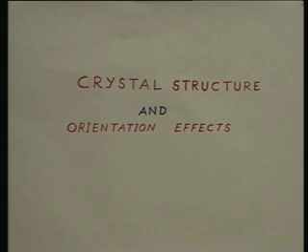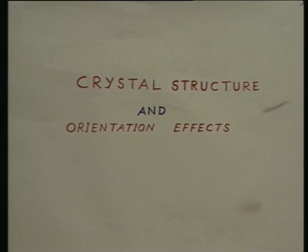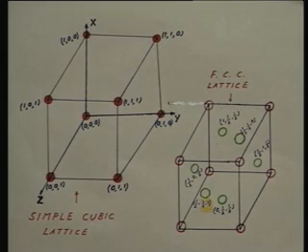Now, the simplest crystal structure that you can think of is called a cubic lattice. If you look at the card we have here, where the picture of a simple cubic lattice is there, to the left of the picture you can see the simple cubic lattice. What is it? It is nothing but a simple cube with atoms placed at each corner of the cube.